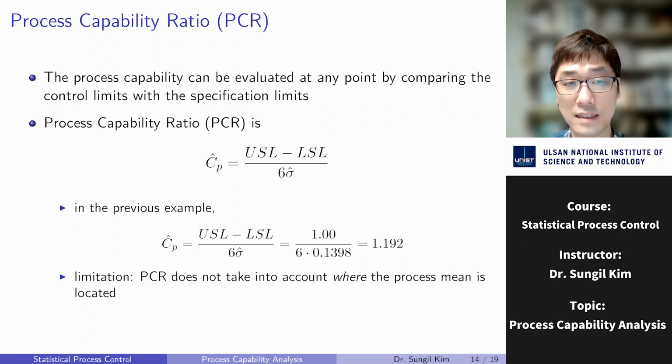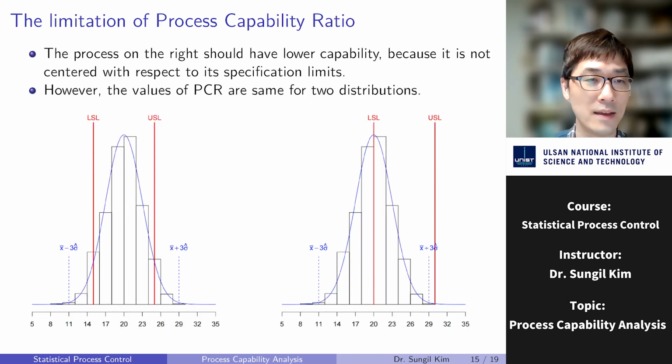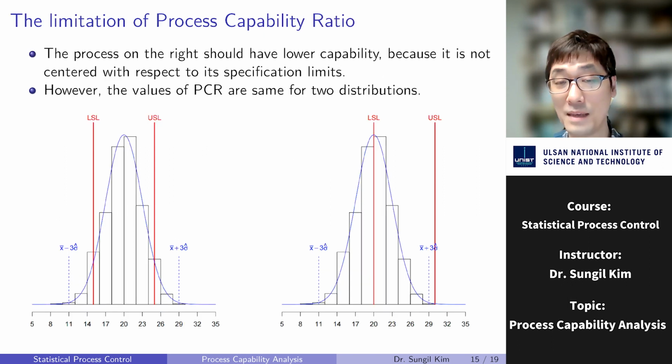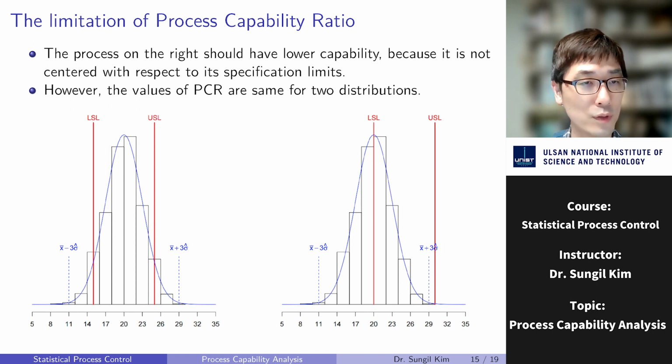However, the PCR is limited in that it does not take into account where the process mean is located. Here is an example showing the limitation of the PCR. The process on the right should have a lower capability because it is not centered with respect to its specification limit.